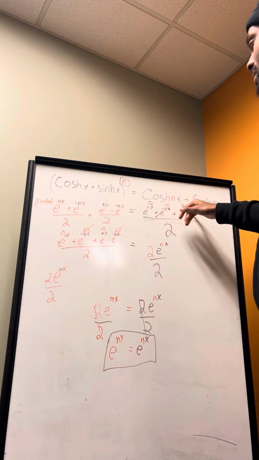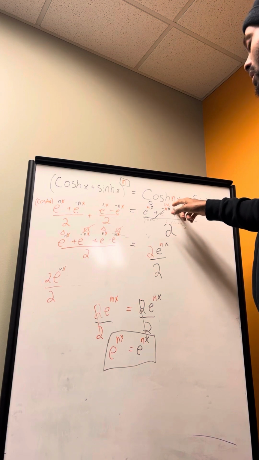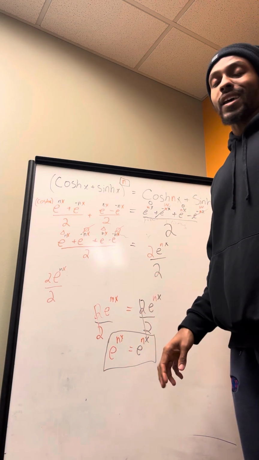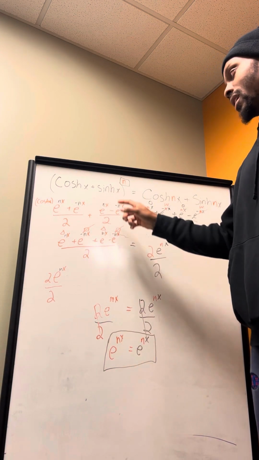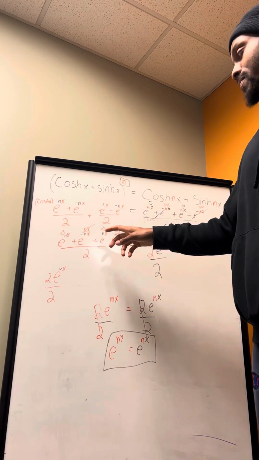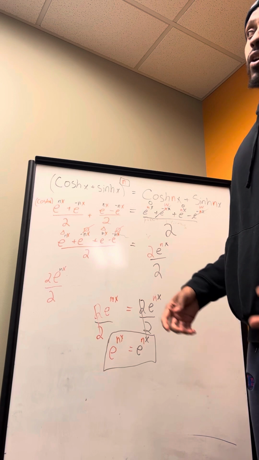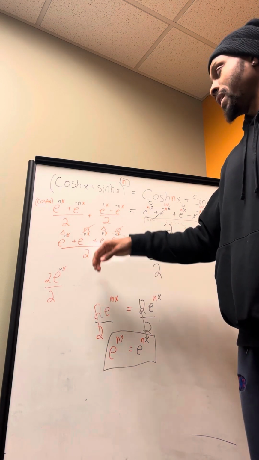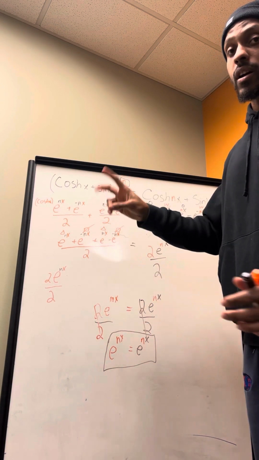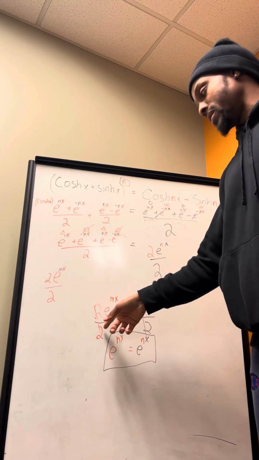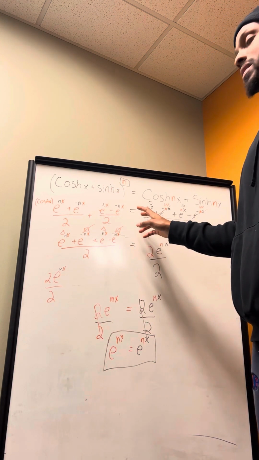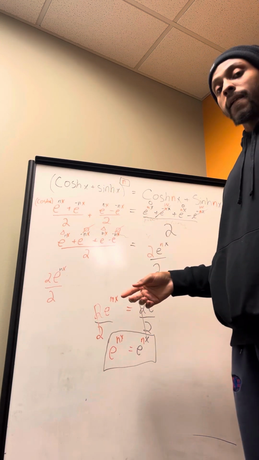And then we did the same thing here. So all we did was add an artificial number, really a variable, and we said, as long as it's cosh in relation to an independent variable, whatever constant we put in front of it, it's going to give us the same statement if we do the same thing to both sides.